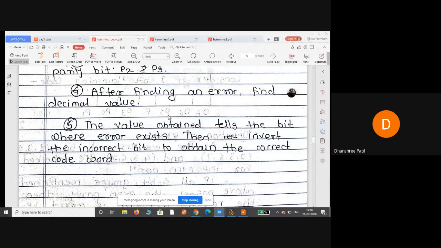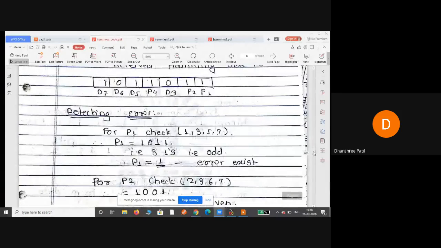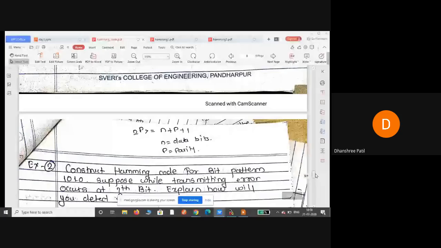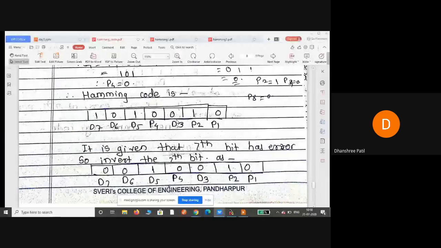Okay, so this is the total Hamming code, how to detect and correct. In the same example I'll explain the correction of error. Up to this we have calculated the Hamming structure.